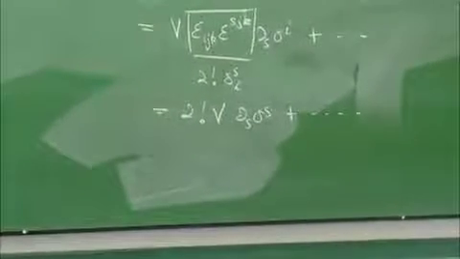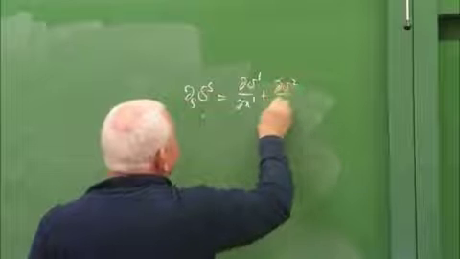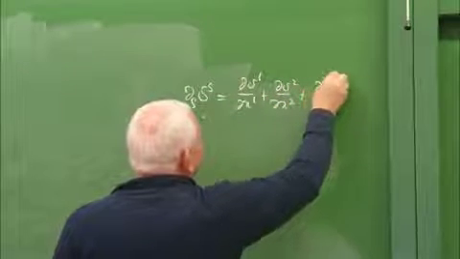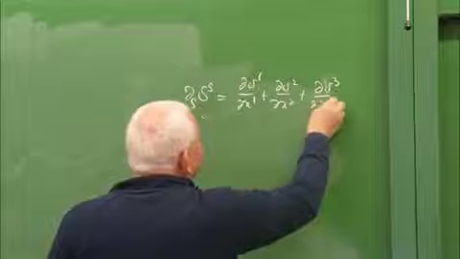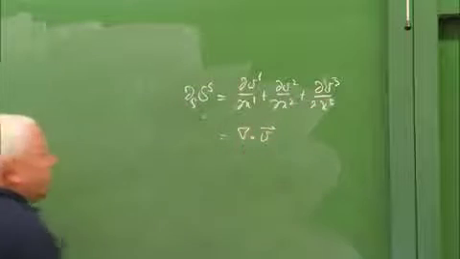What is ds Vs? Well, it is dV1 by dx1 plus dV2 by dx2 plus dV3 by dx3. And this is just the divergence of the vector field.